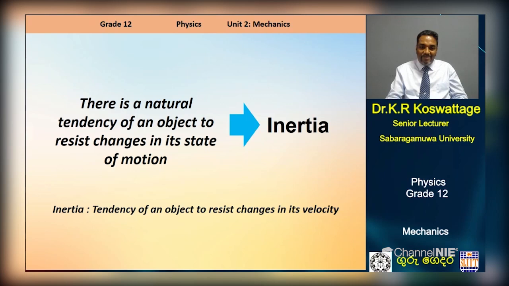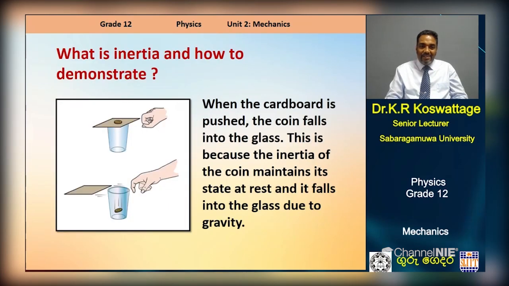So let's move a little bit further. Here you have a demonstration of this particular inertia idea. You have a coin here, and you put the coin on a cardboard, and then put the system on a glass.